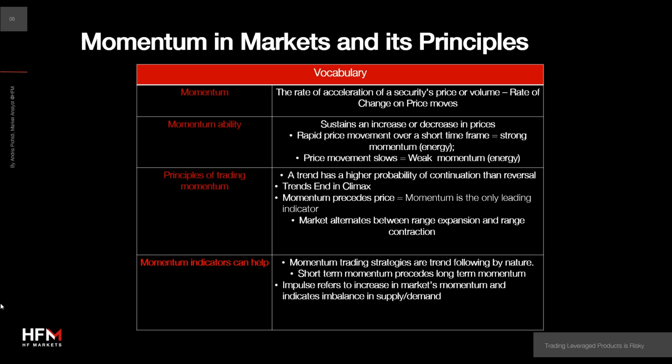So in the middle of the trip, it stops accelerating, but travels at a higher velocity. At the end of the trip, the train decelerates as it slows down. So for the momentum traders or investors, the best part of the train ride is the middle, when the train is moving at its highest velocity.